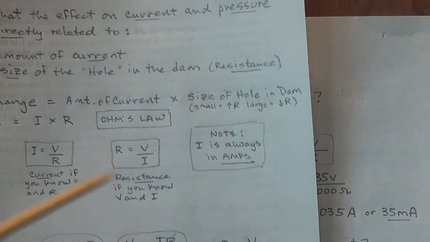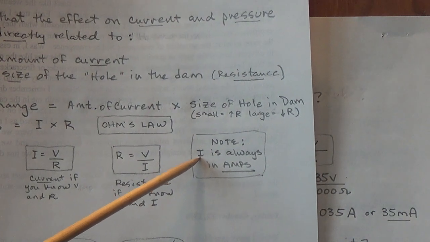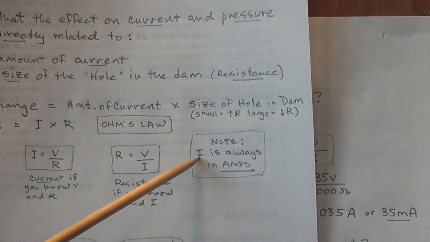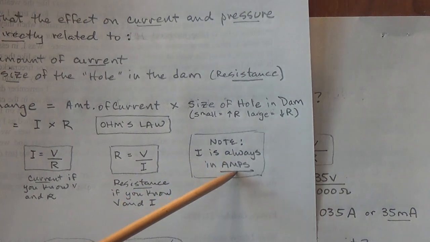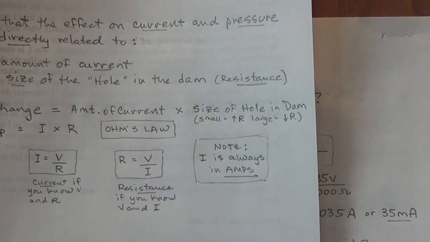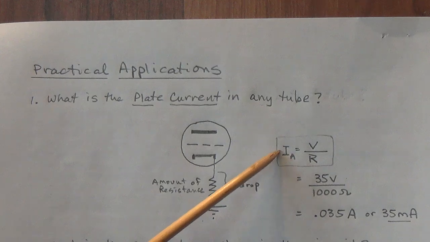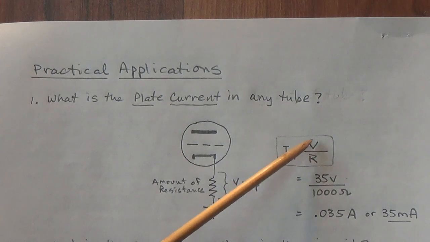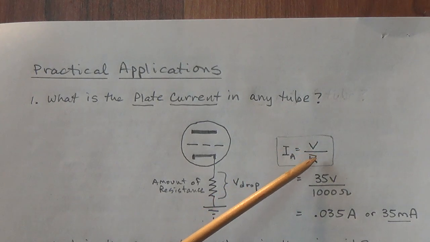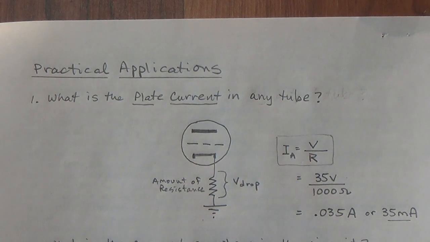And it should also be noted that anytime I am looking for or using current in these formulas, it's always expressed as amps, not milliamps, but as whole amps. So for this determination, I will use the formula I in amps is equal to voltage drop divided by resistance. I don't know these values yet, but I'm going to find them out.